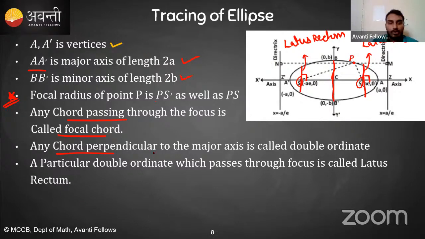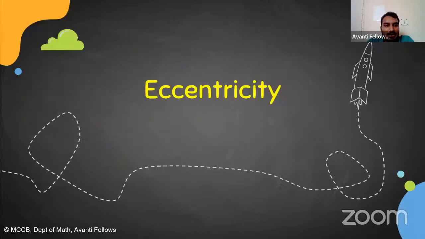Okay, so now if it is clear, we will come back to how we got the center, the focus AE and the directrix. The directrix equation here is x equal to a by e. We will prove that also, how the directrix is a by e. Don't worry. Chalo, if it is clear, now let's come back to the eccentricity. What is the formula of eccentricity?